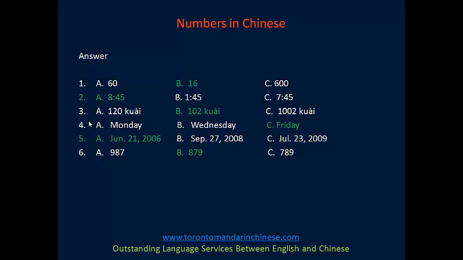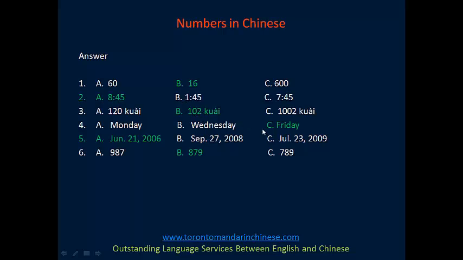Now let's check the answers. The first one that you heard, 16. B is correct. Number 2, 8:45. A is correct. Number 3, 102块. B is correct.